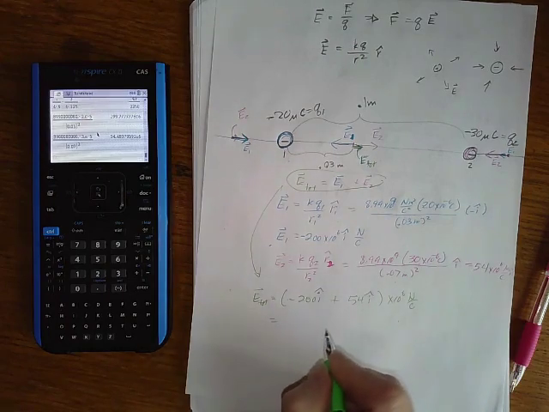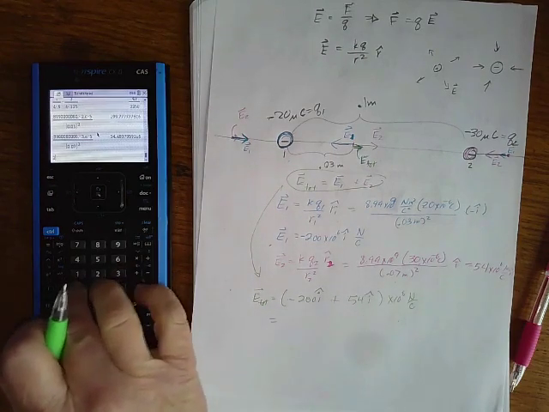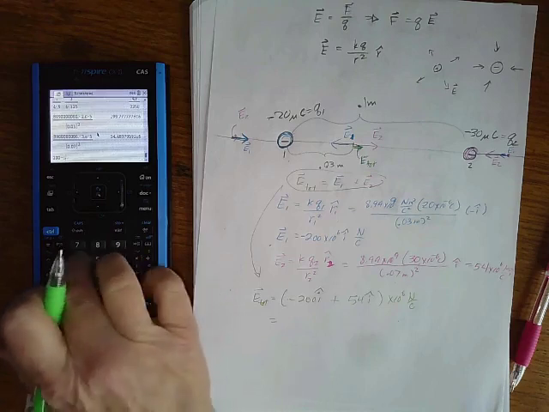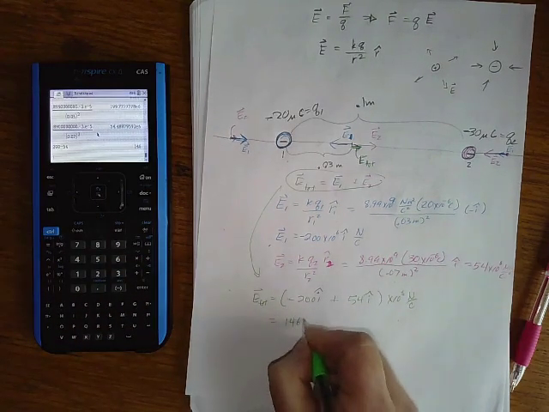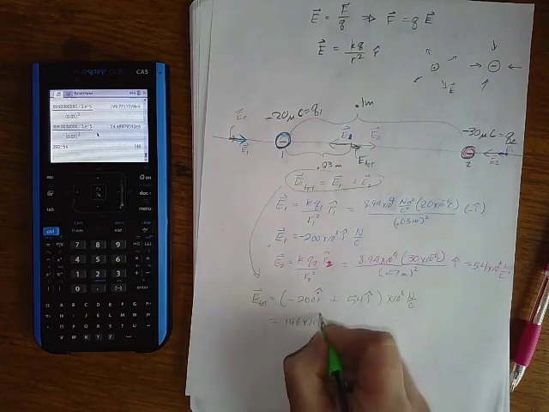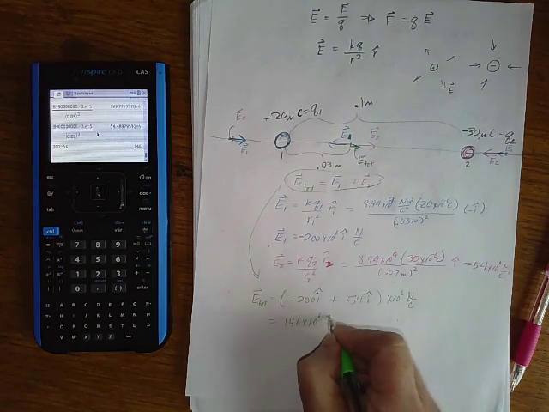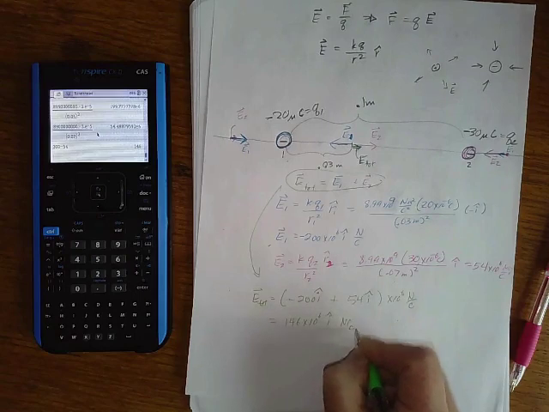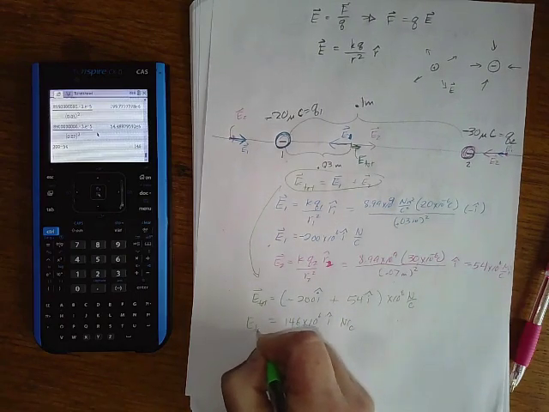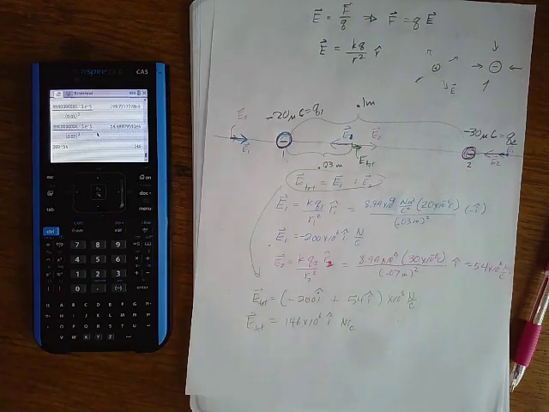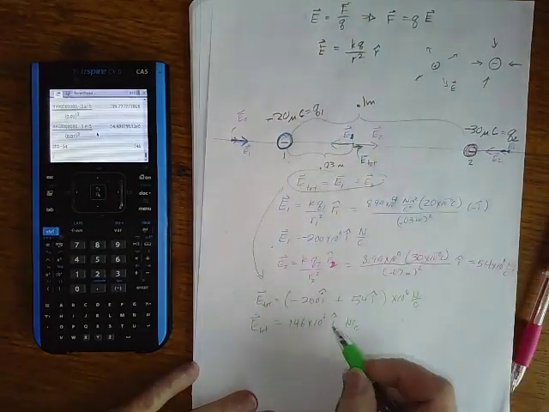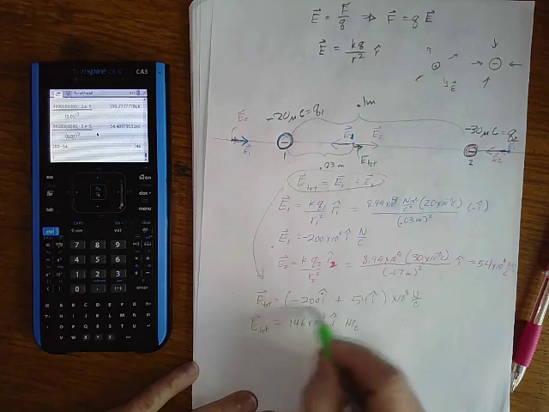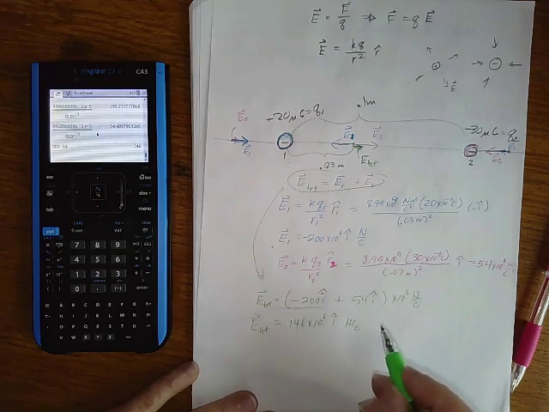And so we end up with 200 minus 54, I could do it in my head but I don't feel like it, 146. 146 times 10 to the 6th i hat newtons per coulomb. That is E total. So I was right in my guess that it is going in the positive x direction. There's no negative sign here. Oops, I was wrong.